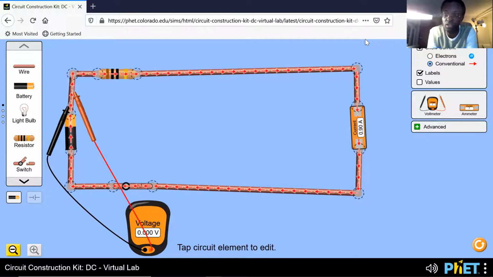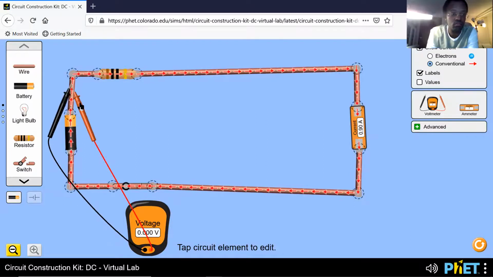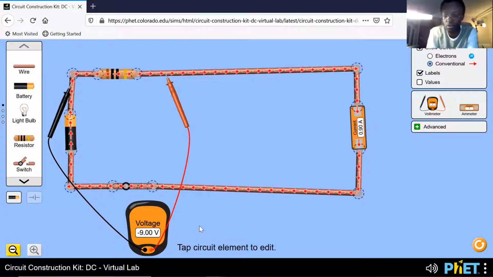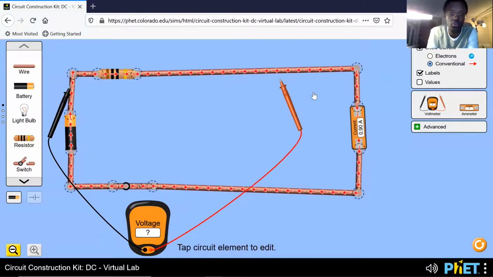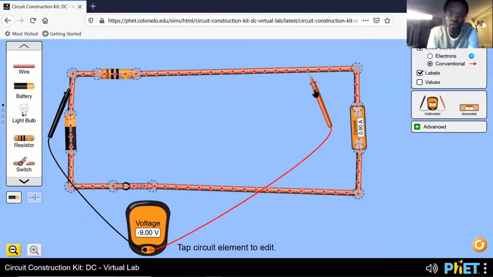Because the electrons will have to lose energy. Okay, they will have to lose energy, and you see minus sign because the energy decreases. And elsewhere in the circuit, because we are assuming the wires to have no resistance, then the voltage should be 0.